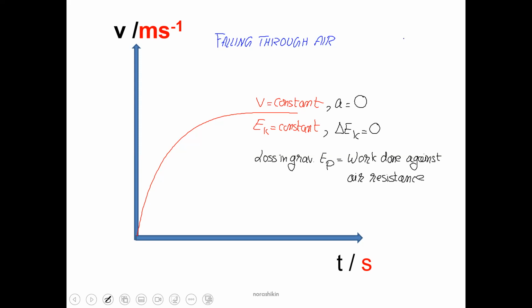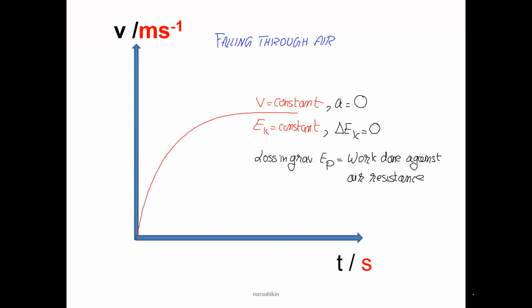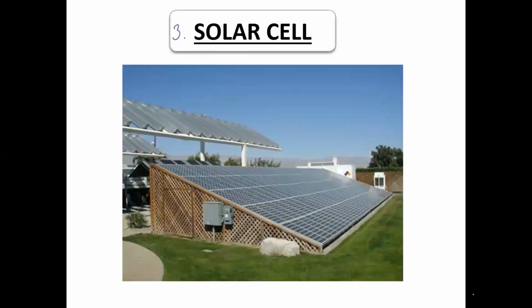The formula will change. Look at this formula. This time, kinetic energy is not in the formula because change in kinetic has become zero. Loss in gravitational EP is equal to work done against resistance. Only that kinetic has gone.